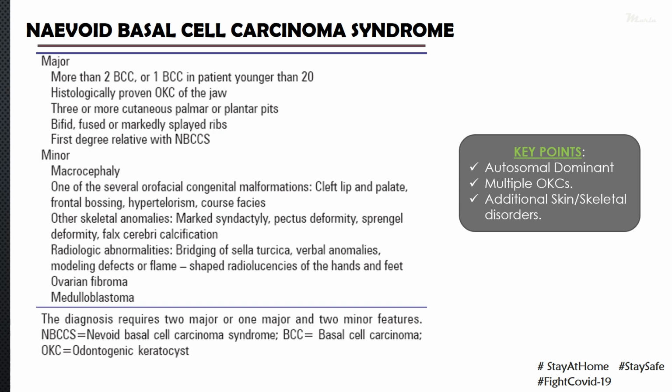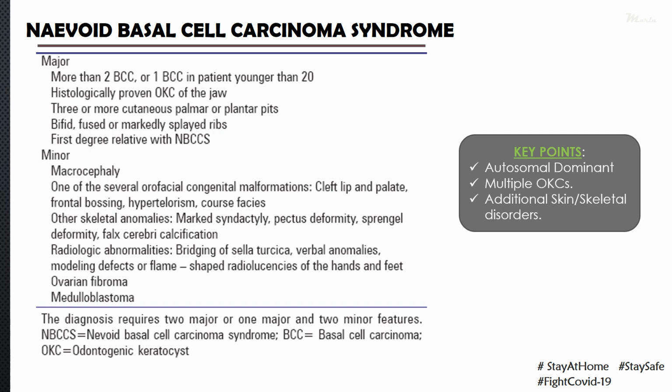In addition, we may find three or more cutaneous palmar or plantar pits. The ribs may be bifid or fused, or the patient will provide a history of a first degree relative showing the naevoid basal cell carcinoma syndrome.